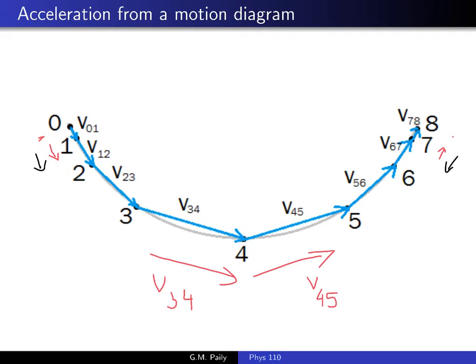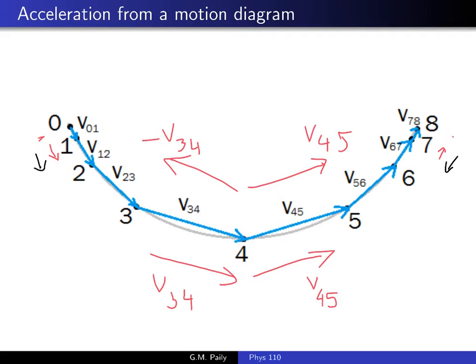But what we want is v45 minus v34. v45 And this now is minus v34. If we add these two vectors now, we have v45 minus v34.